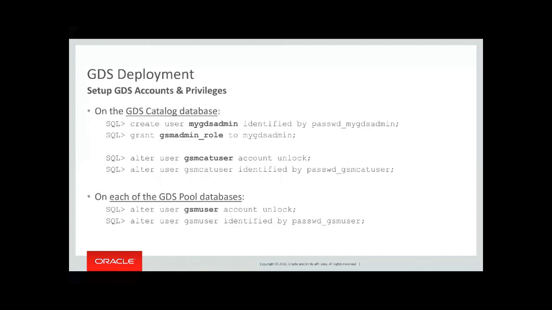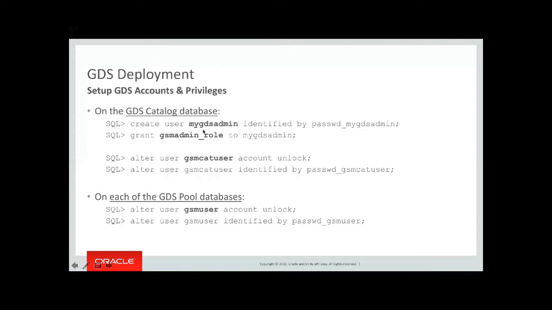Okay. Now let's look at those steps, right? I mentioned you download and install GSM, and then you pre-create a catalog database. Once those two things are done, on the catalog database, when you create a 12.1 or greater database, there is a default user called GSMCATUSER. That needs to be unlocked, and you will have to set the password accordingly.